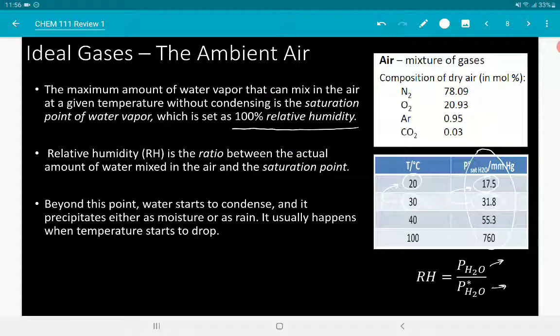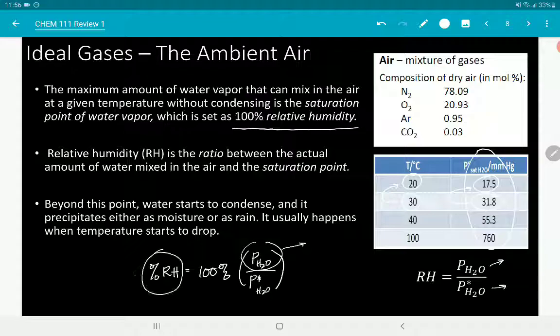Okay? So, the percent relative humidity is equal to 100% times, okay, the pressure of water in the atmosphere over the saturated vapor pressure of water. Okay? So, usually, ang kinukuha natin dito ay yung pressure ng water or the relative humidity.